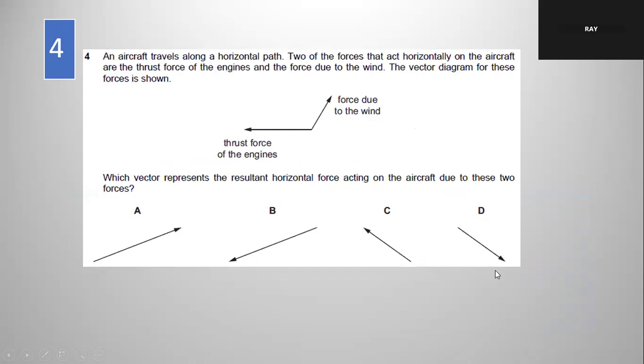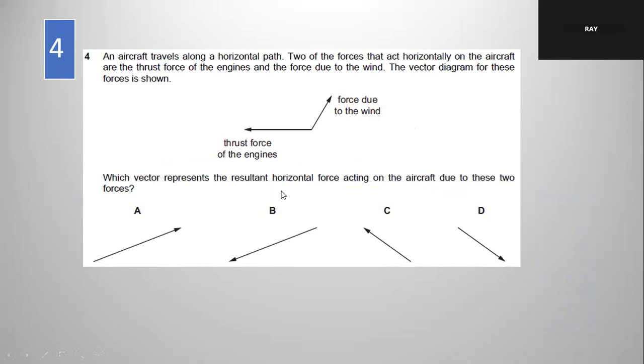An aircraft travels along a horizontal path. Two of the forces that act horizontally on the aircraft are the thrust force of the engines and the force due to the wind. The vector diagram for this is shown here.